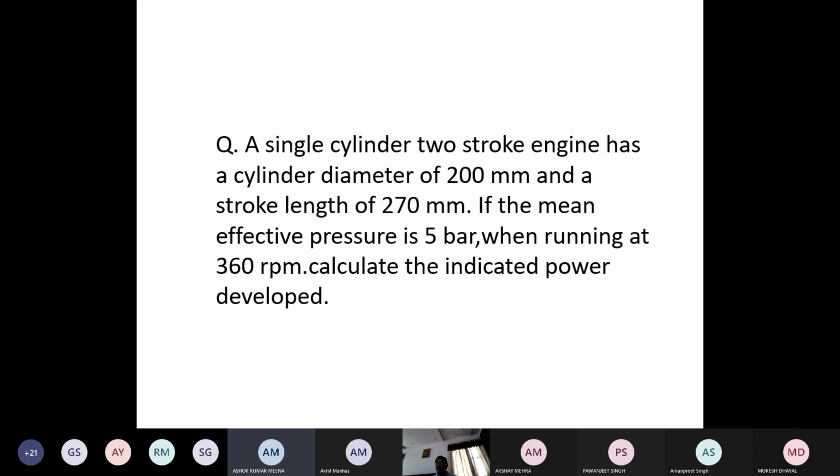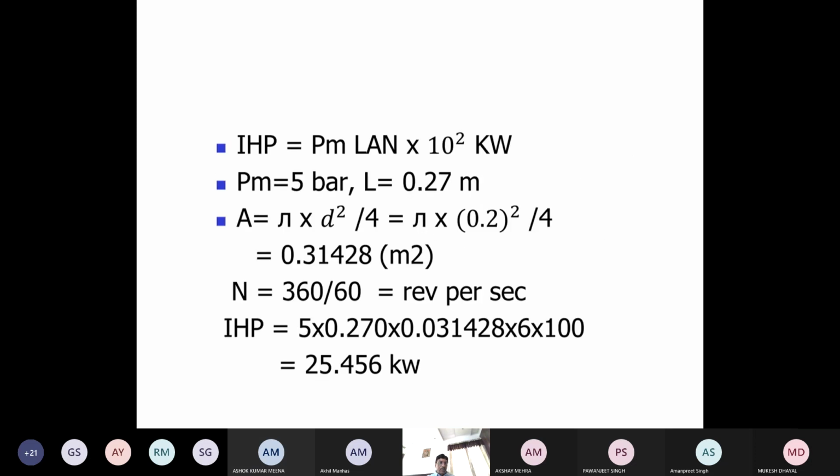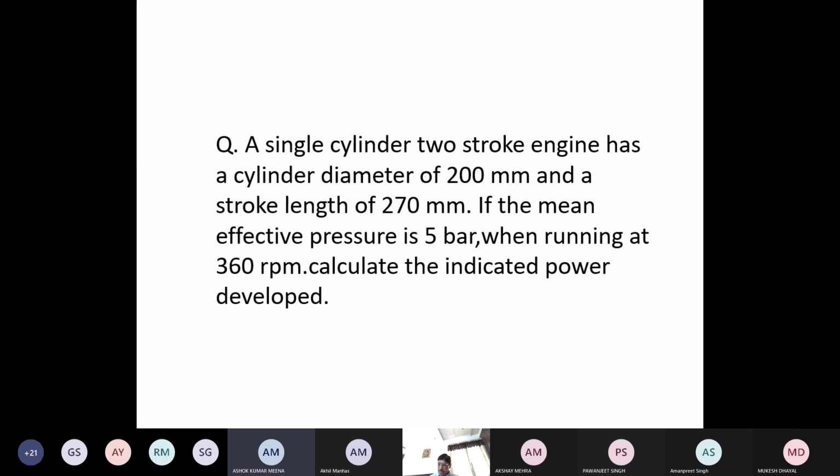25.45 kilowatt. Indicated power, how much you got? 25.45. 25.45.